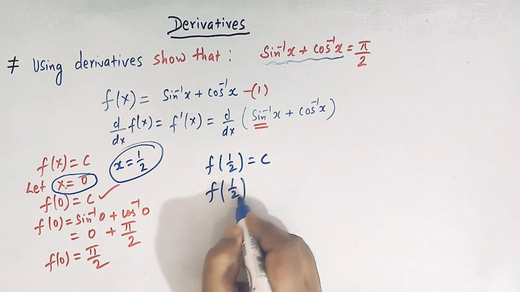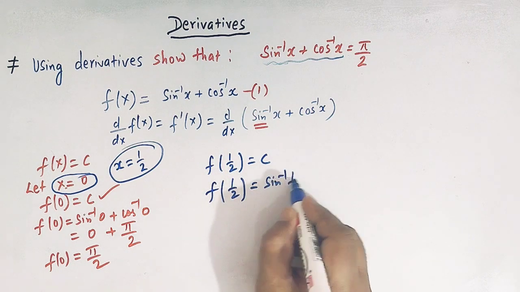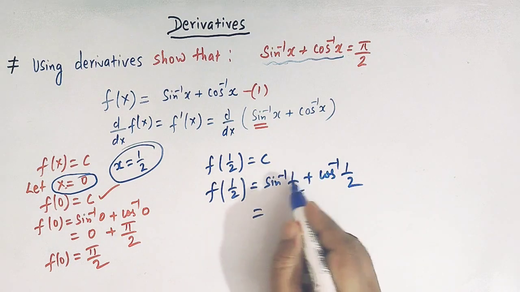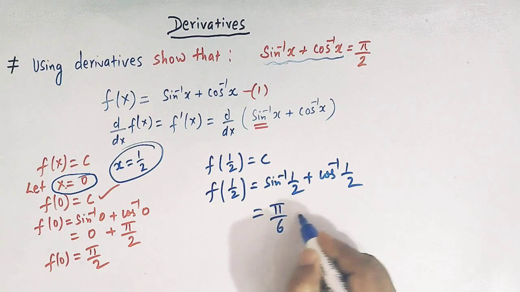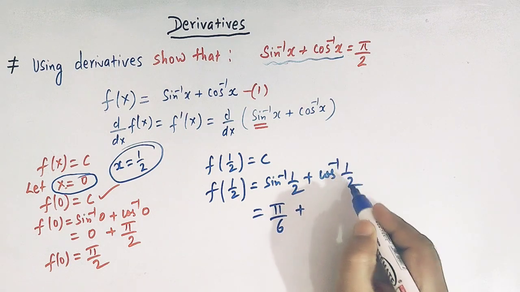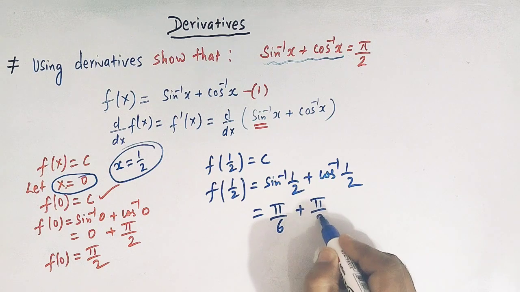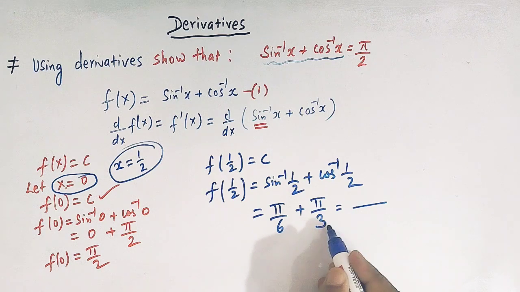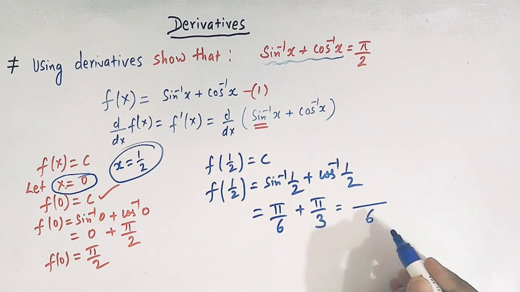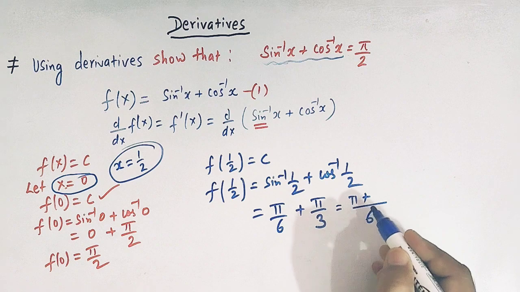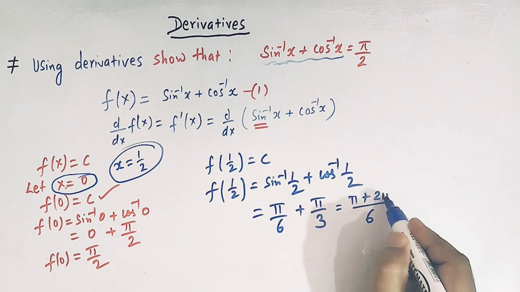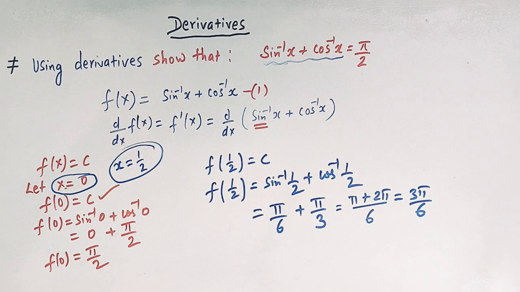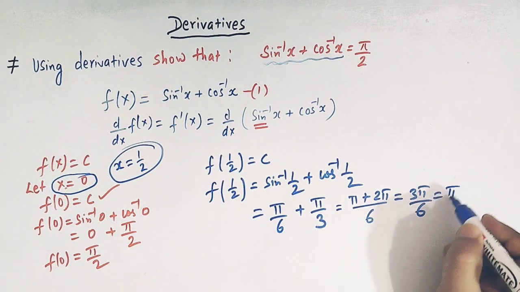So f of half is equal to sine inverse half plus cos inverse half. Sine inverse half is pi by 6, and cos inverse of half is equal to pi by 3. Now if we add, taking the LCM of 6 and 3, which is 6, we get pi plus 2 pi, so this is 3 pi over 6, which is equal to pi over 2.